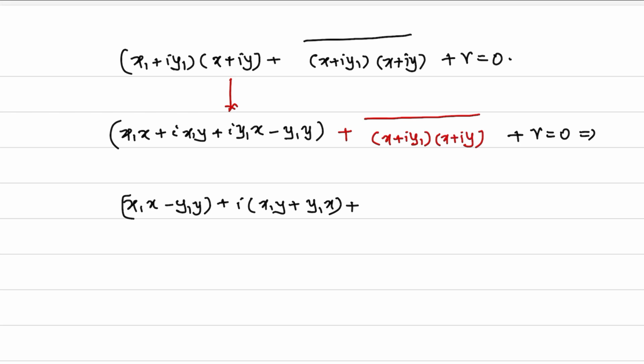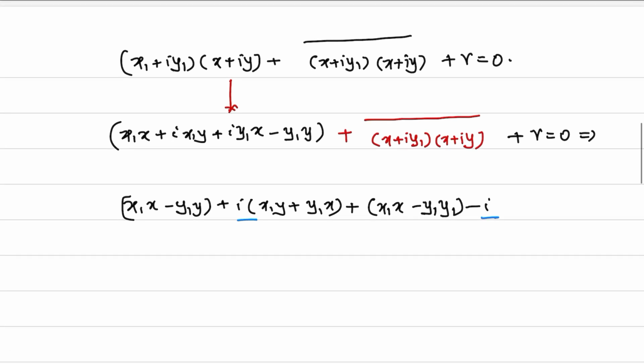What is the conjugate of this value? x1x minus y1y minus I. You see, plus I will change to minus I, into x1y plus y1x, plus r is equal to 0.